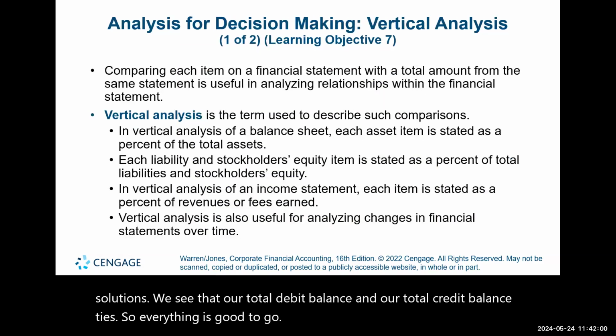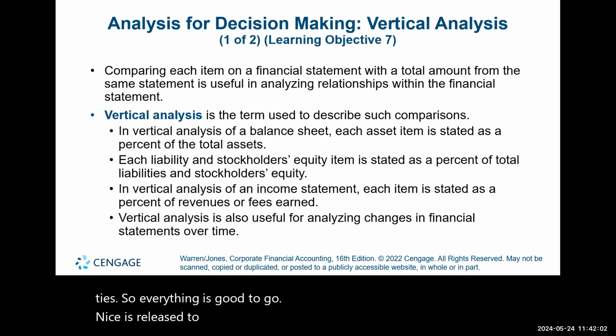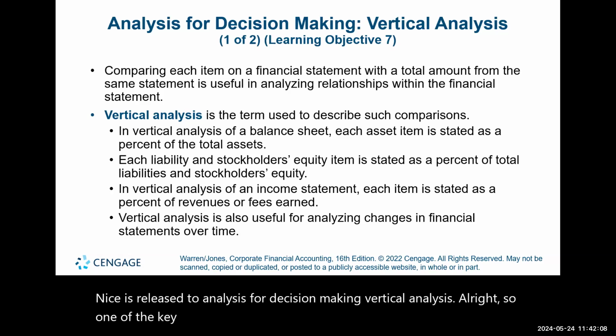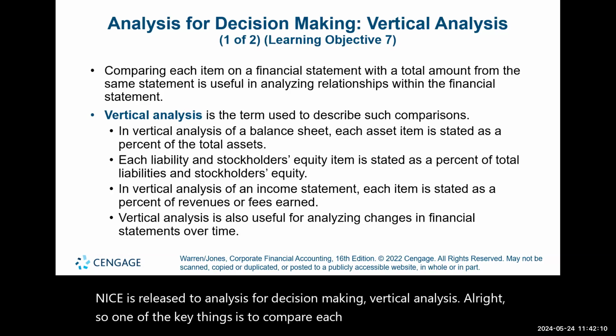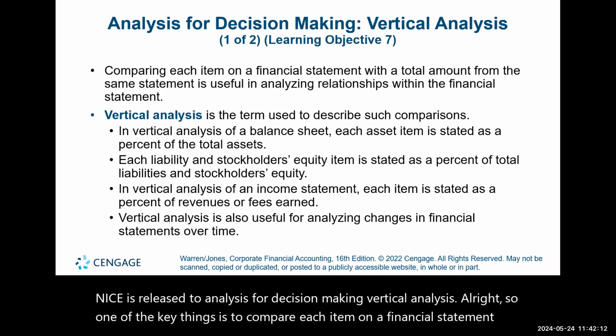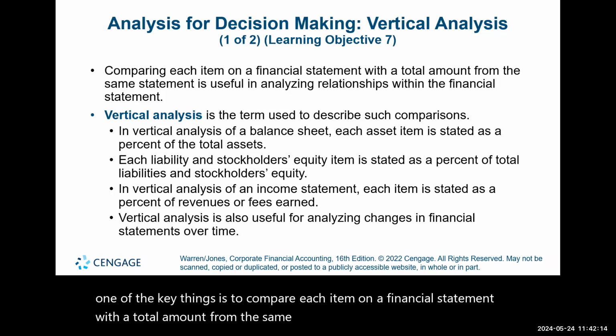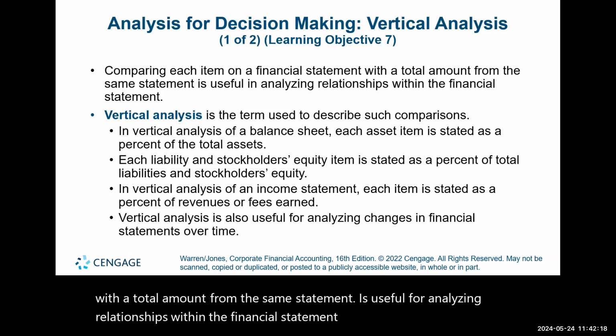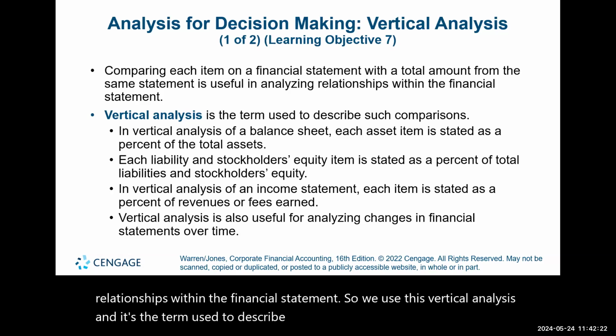Next, as it relates to analysis for decision making, vertical analysis. All right, so one of the key things is to compare each item on a financial statement with a total amount from the same statement is useful for analyzing relationships within the financial statement. So we use this vertical analysis, and it's the term used to describe such comparisons.